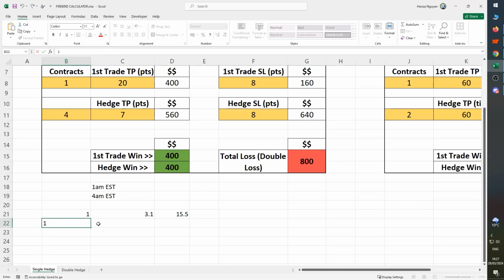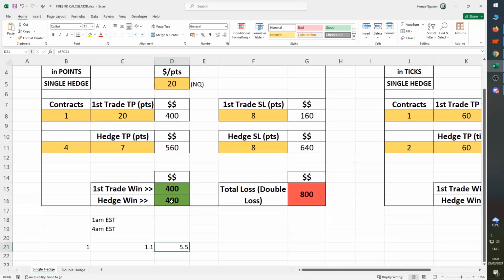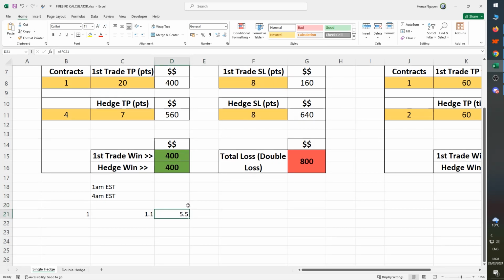For micros, I think it's 1.1. So that's the 5.5. But what I find is that on micros, the fees on five contracts eat quite a bit of your profit.